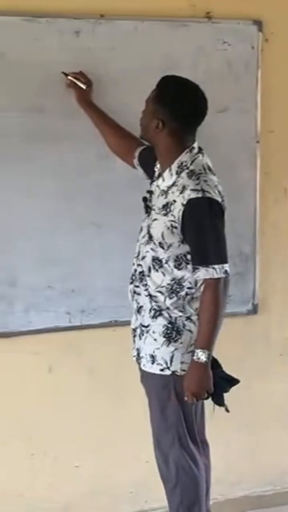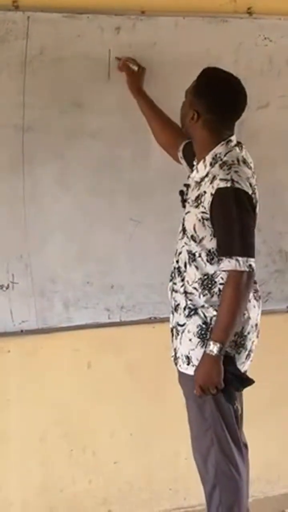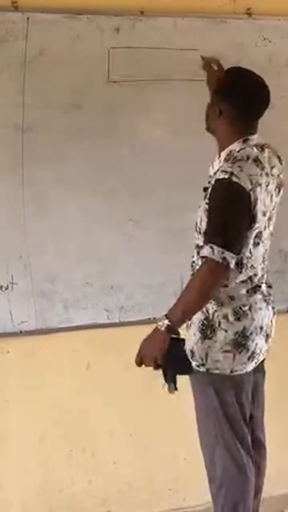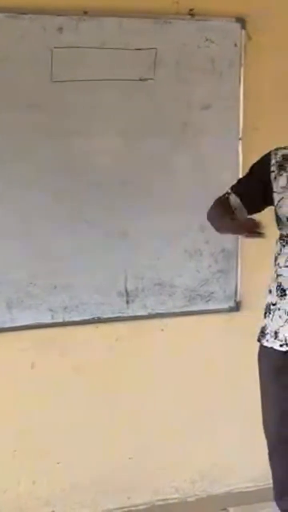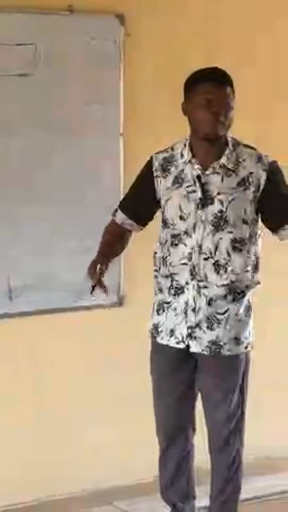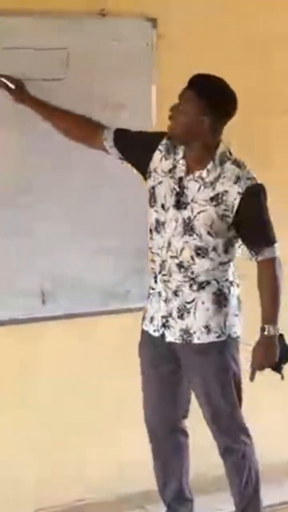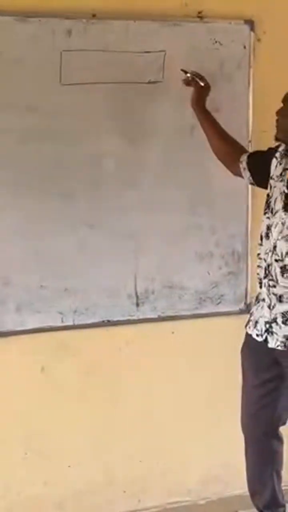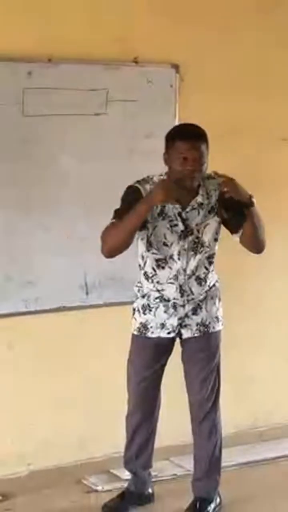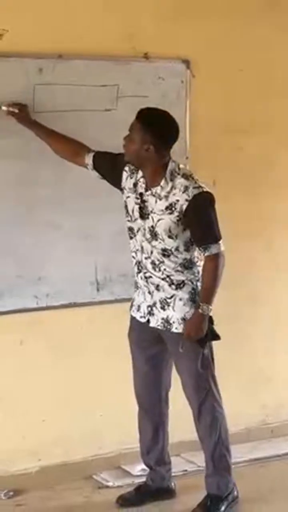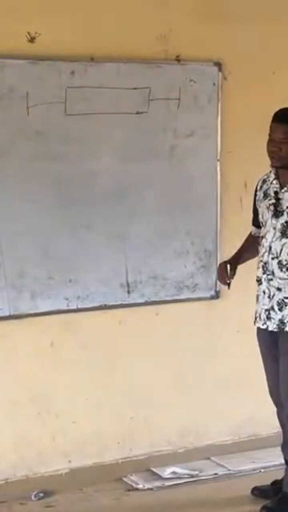A box plot looks like this. You can plot it horizontally. Please look up, everybody. A box plot can be plotted horizontally or can be plotted what? Vertically. So there is a box, and at the end of this box, you have this same thing that comes out from the mouth of a cat with two lines.